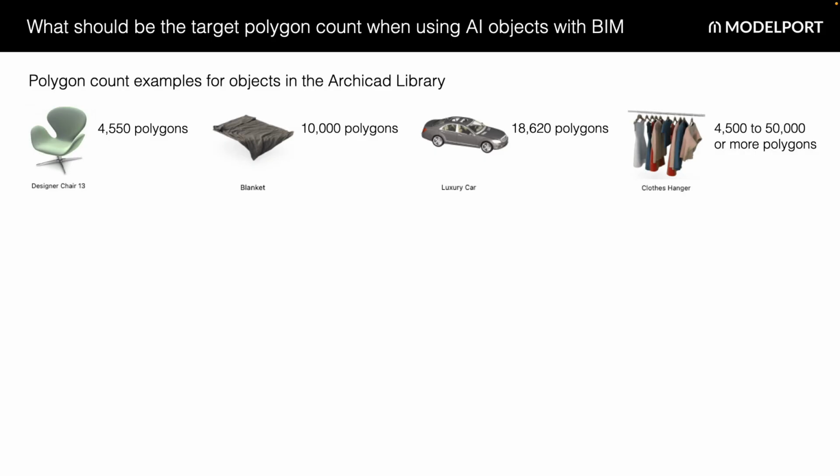Just one shirt or dress or anything is going to show us 4,500. So these are the range of polygons in Archicad's library for interiors as well as exterior pieces that we might see. Now, there are a lot of other objects within Archicad that are a lot less, but I want to look at these because these are objects that we might be thinking of.